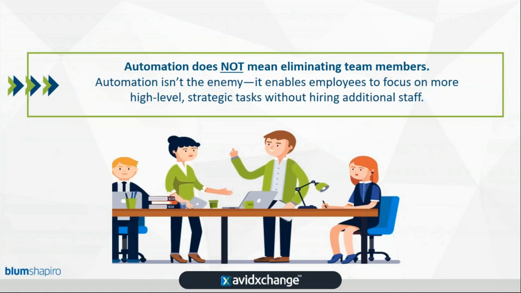It's more about restructuring the staff that you have and reallocating them to more critical and strategic activities instead of just doing the manual data entry and the low value tasks. And they could be doing more strategic activities and moving them into more strategic positions.